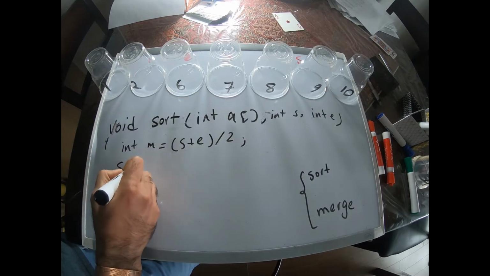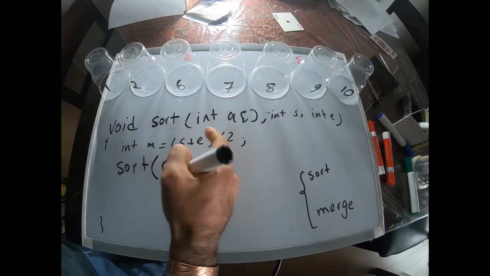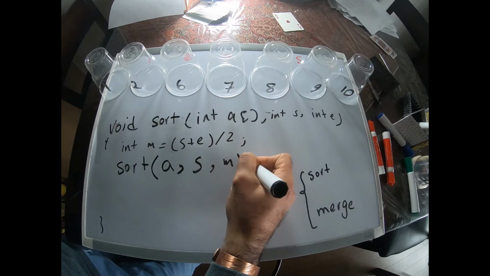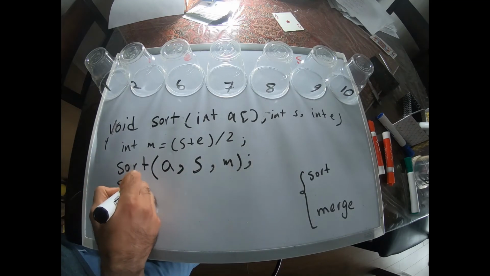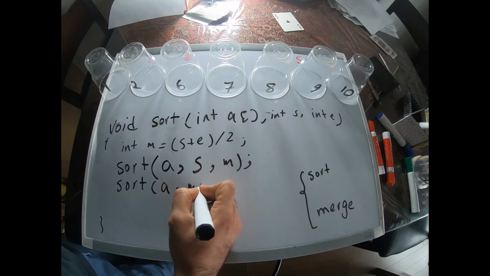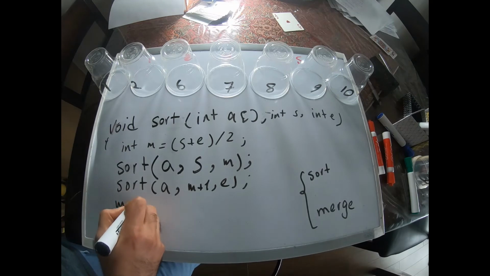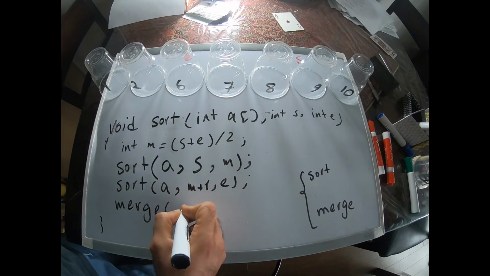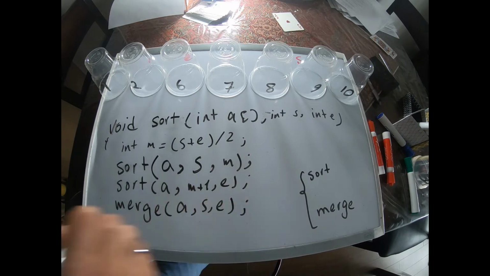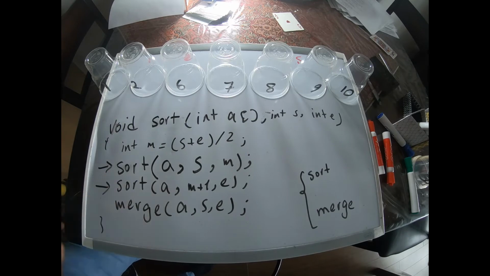Sort the same array from the start index up to the midpoint, then sort the same array from mid plus 1 to the end, and then merge them. Let's say A, start and end. Okay, so we have 2 recursive calls.